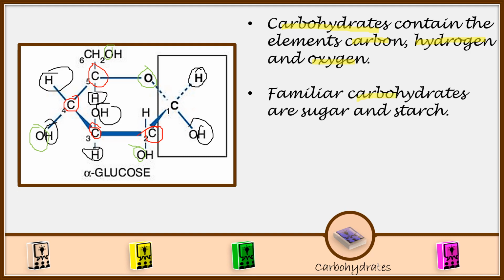Familiar carbohydrates are the sugars and starch. Those are the most common carbohydrates. We have sugars, like for example here this one is glucose, we have fructose, we have maltose, all those are sugars, and many others.